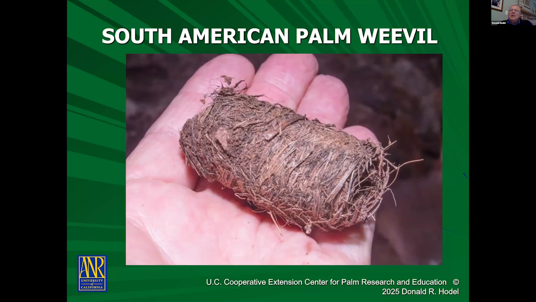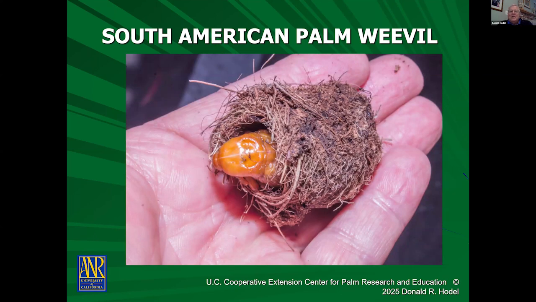And typically on a well-advanced infestation, you'll find these shredded wheat-looking cocoons that will have, if they haven't emerged yet, larvae and pupae inside. So there's a pupa sticking its head out the end of one of those shredded wheat-like cocoons.